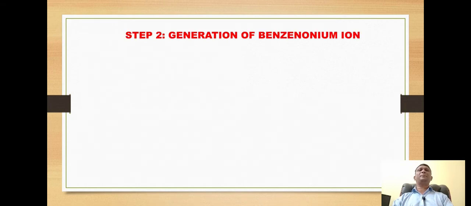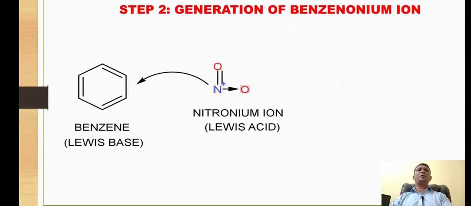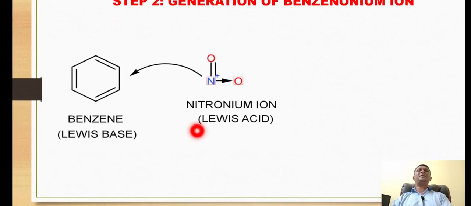The second step is the generation of a carbocation, and in this case it is the benzenonium ion. Once the nitronium ion, the electrophile, is generated, for the sake of electrons, it attacks the benzene ring. So dear student, it is a very important reaction and it is the rate determining step in the nitration of benzene.